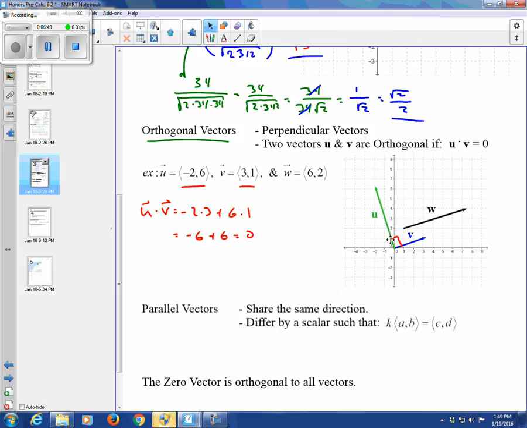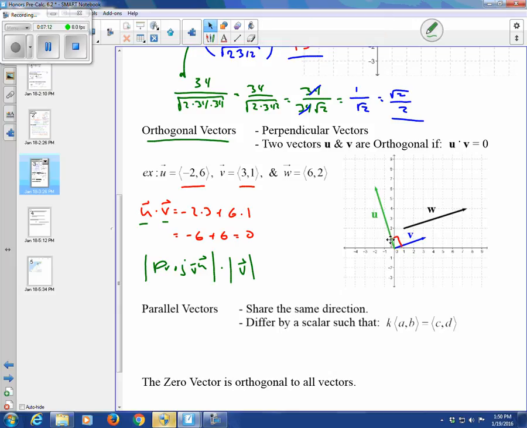Now right here, one of the things that we can think is that we know that the dot product of our two vectors u and v is actually equal to the magnitude of the projection of u onto v times the magnitude of v, right?